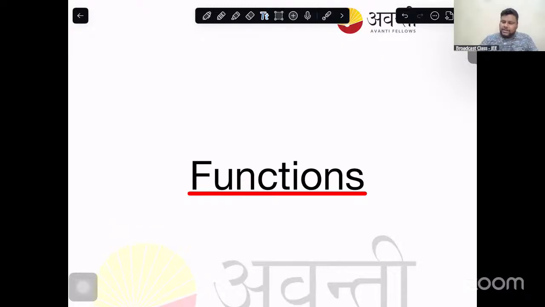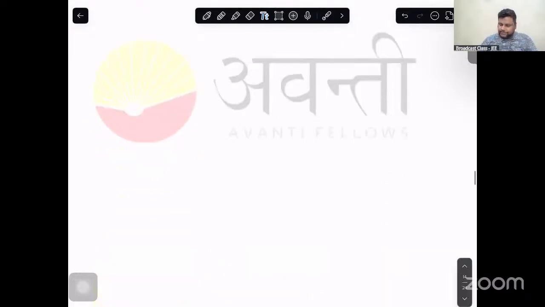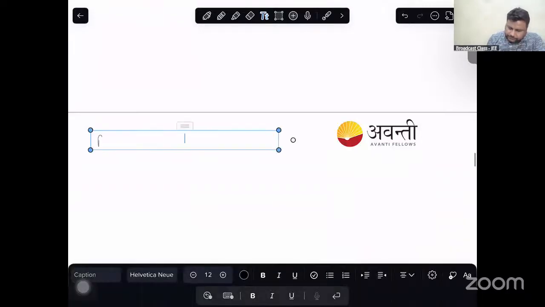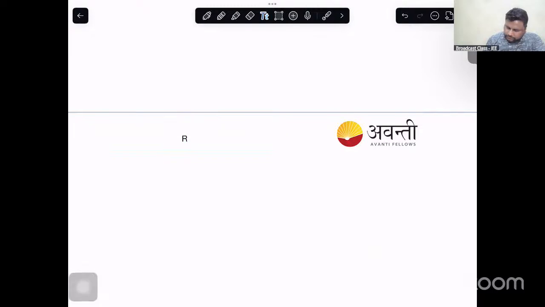Starting with a definition. Functions. So what is a function?